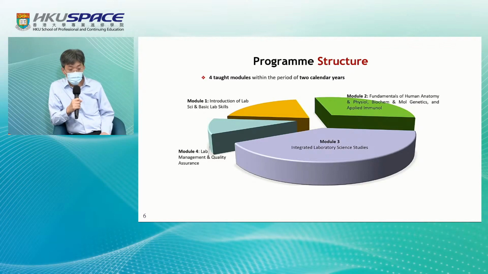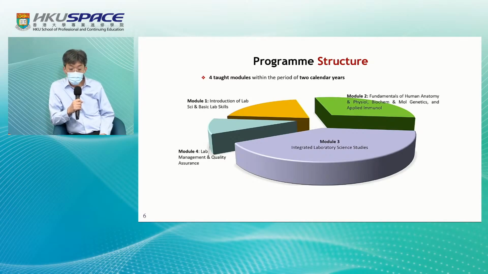Module 1 covers laboratory science and basic skills. Basic scientific principles and concepts are in module 2, which involves human anatomy, physiology, biochemistry, molecular genetics, and applied immunology. All are important foundation concepts for modern testing.